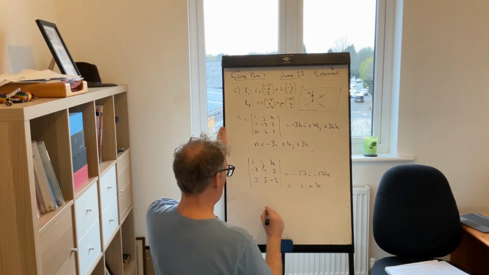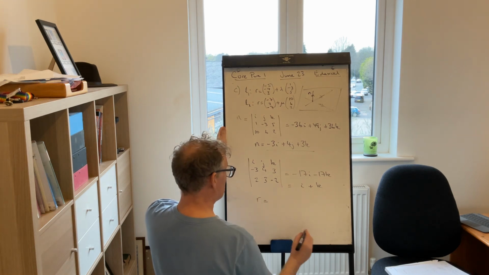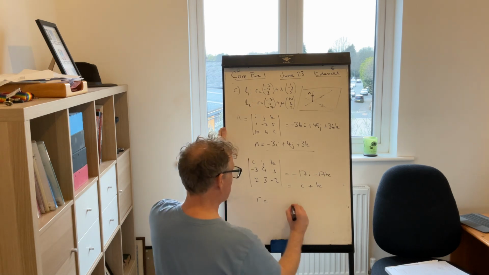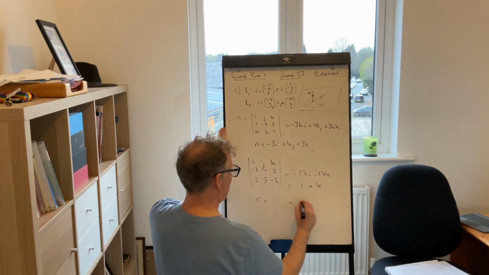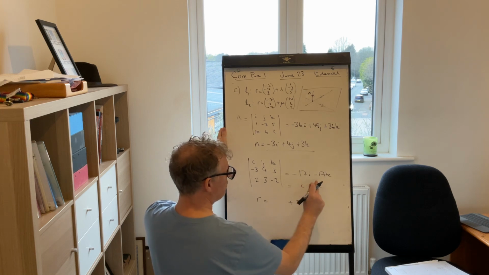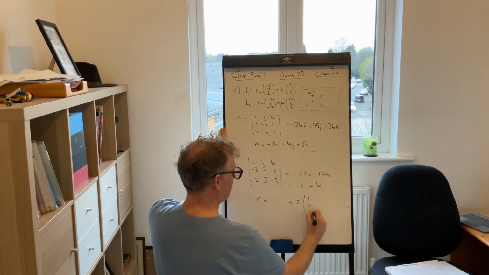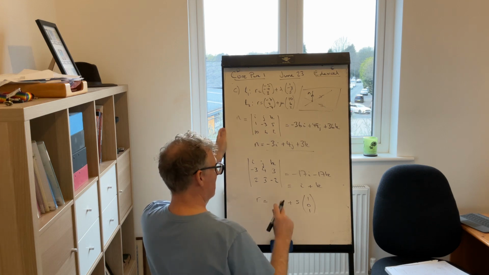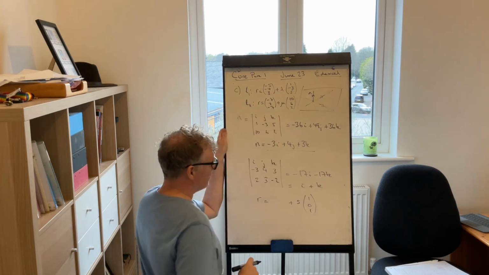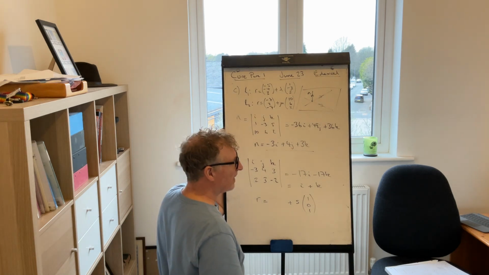So, our line is going to be the directional bit, I've forgotten what letter we've got up to now, I think I'm going for S again or something like that. The directional bit is going to be 1, 0, 1. We need a point that is common to both planes.